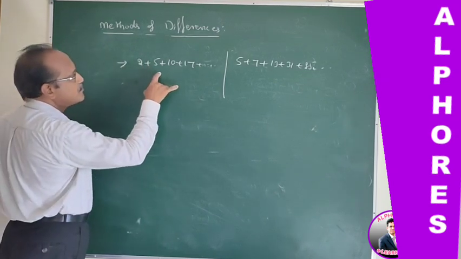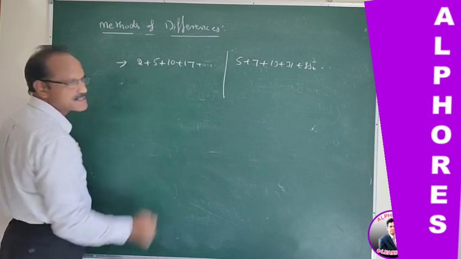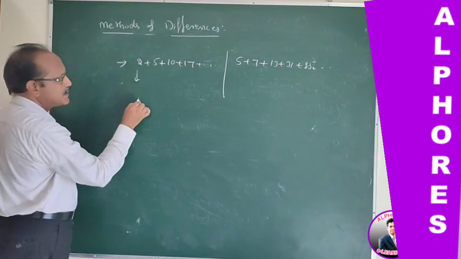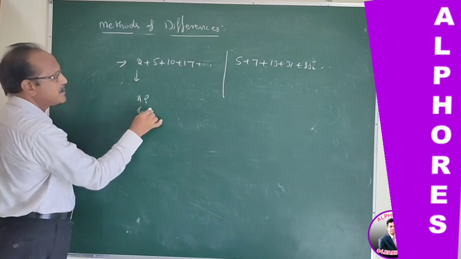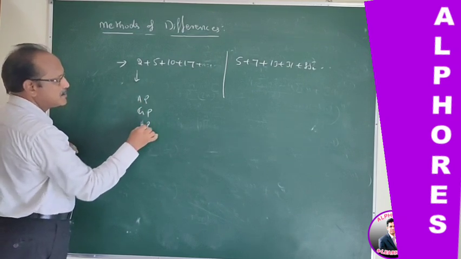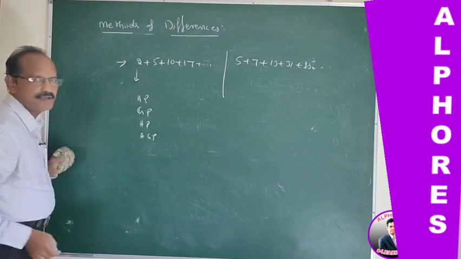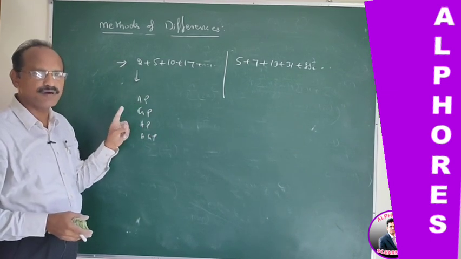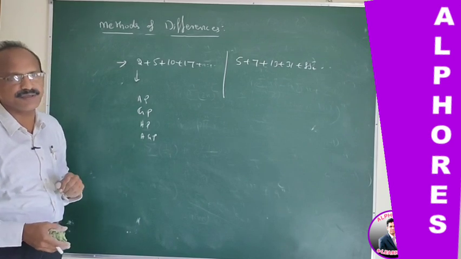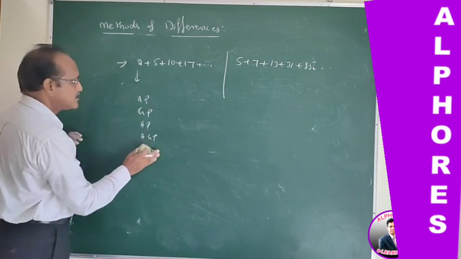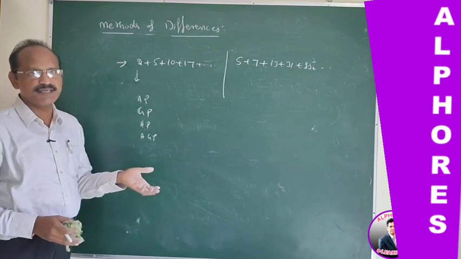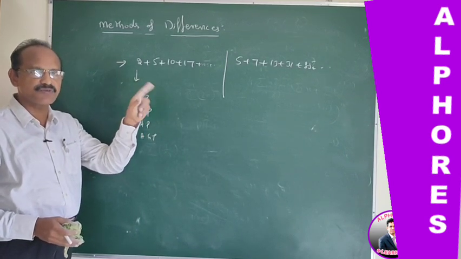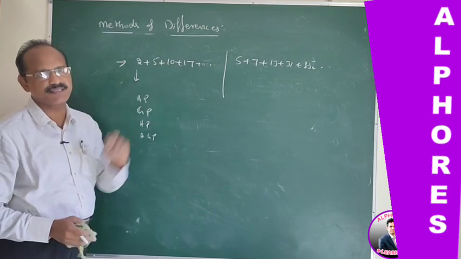2 plus 5 plus 10 plus 17 plus, you know, the series forms neither AP nor GP nor HP nor AGP. But in such cases, we try to apply the methods of differences to find the summation of this series.